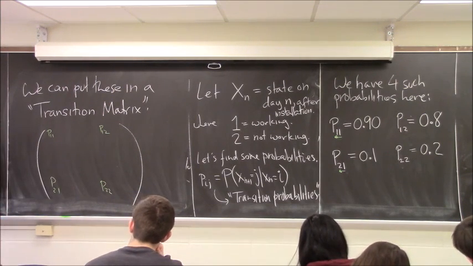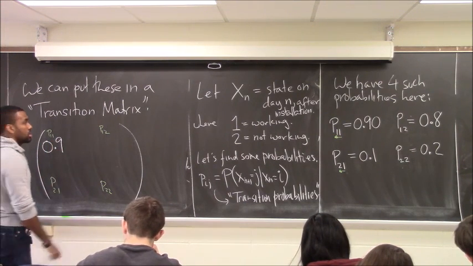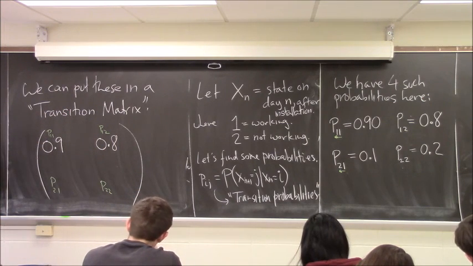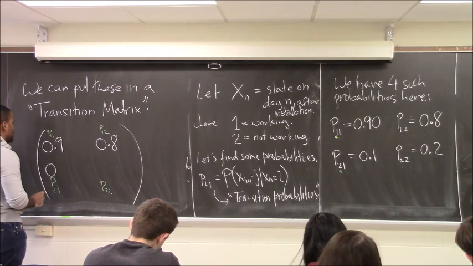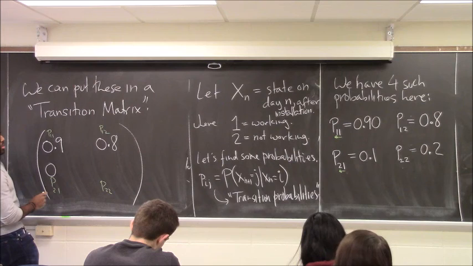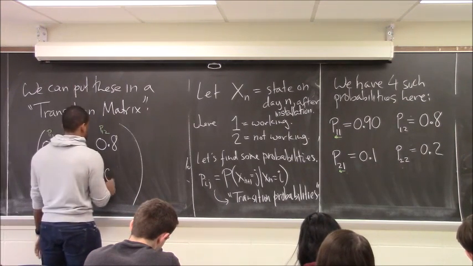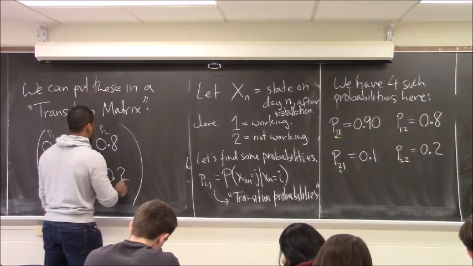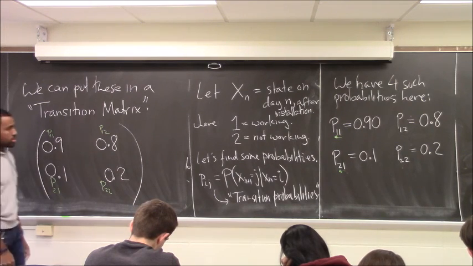And of course the numbers are 0.9, 0.8, 0.1, and 0.2. This is called a transition matrix.